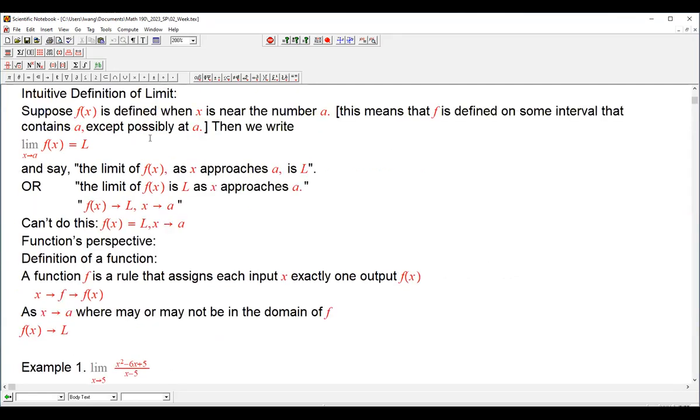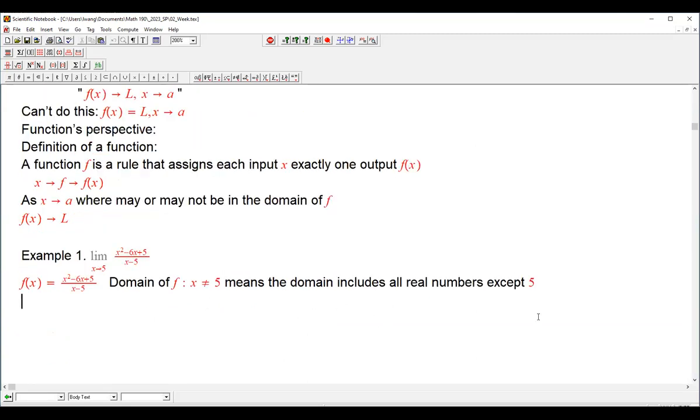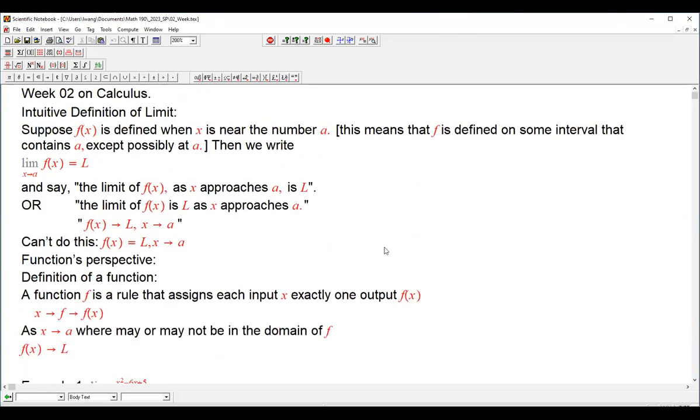When we look at the definition of the limit, you see F of X is defined everywhere but 5, right? So it's fitting for that description. F of X here is defined near the number 5.